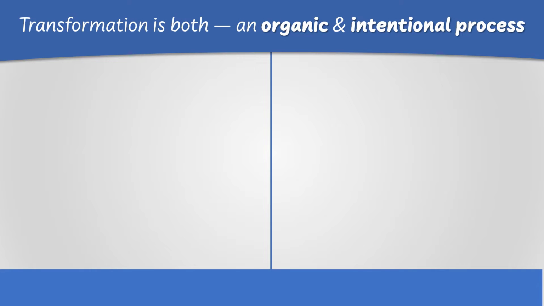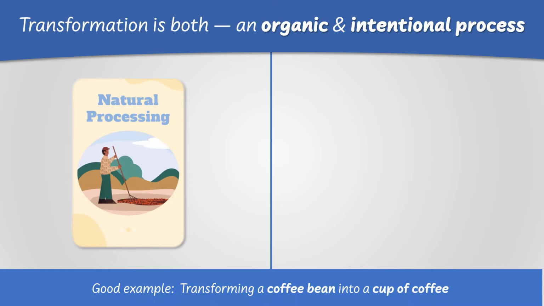Picking up from where I left off in Part 1, I have learned that transformation is both an organic and intentional process. Some things will naturally happen on their own, while other things require strategic planning and self-motivated actions. A good example is coffee production. Coffee beans, which actually are seeds, are planted and then nurtured for natural growth.